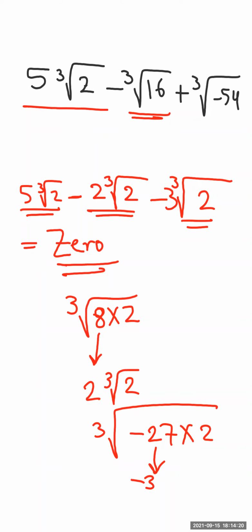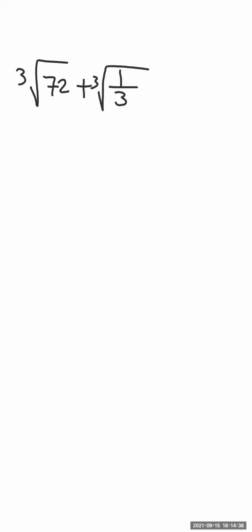Now this one is also clear, guys? Clear. Okay. One more example. If the question is cubic root of 72 plus cubic root of 1/3 plus cubic root of negative 9. How do we simplify the cubic root of 72?